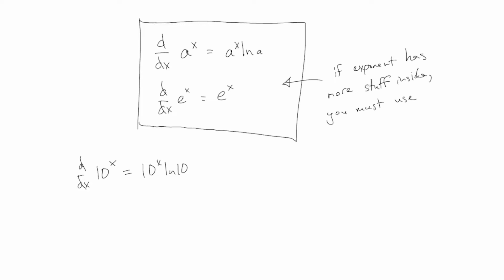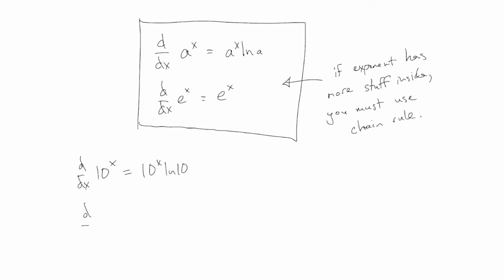That's what we do when you have stuff inside of another thing. You must use the chain rule. And remember, how you do the chain rule is you take the derivative and leave the complicated stuff on the inside, but then separately you multiply times the derivative of the stuff on the inside.